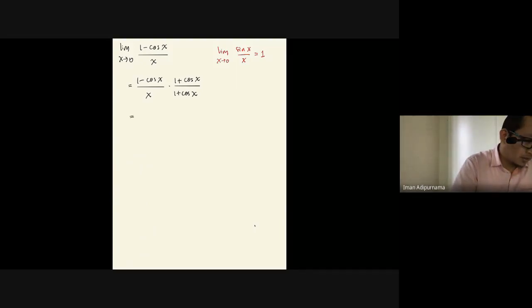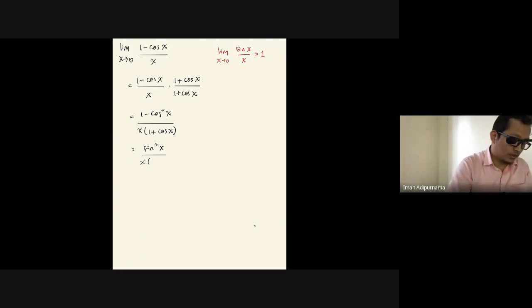So I have 1 minus cos squared x over x. This part will be sine squared x, and this is sine x. I will make a separation here.